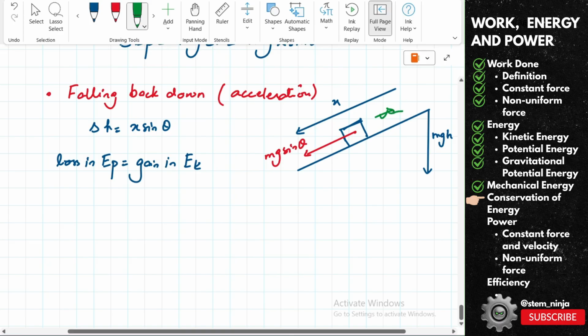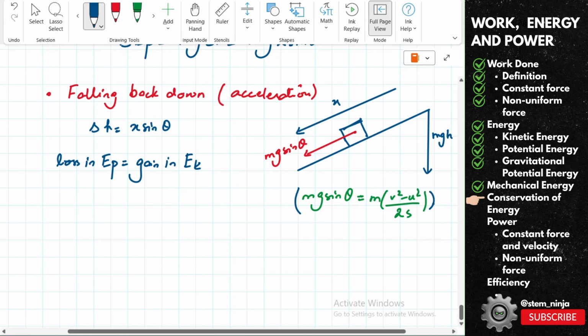So if we take downwards direction to be positive, you have mg sine theta is equal to ma, but let's write ma as m times (v squared minus u squared) over 2s.